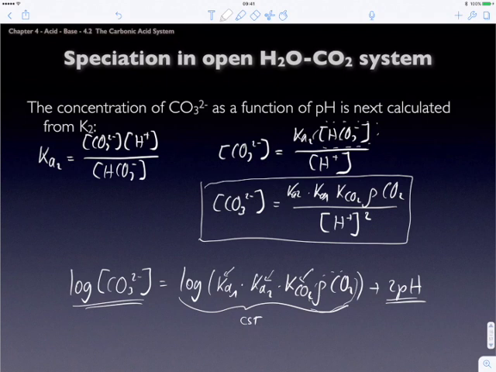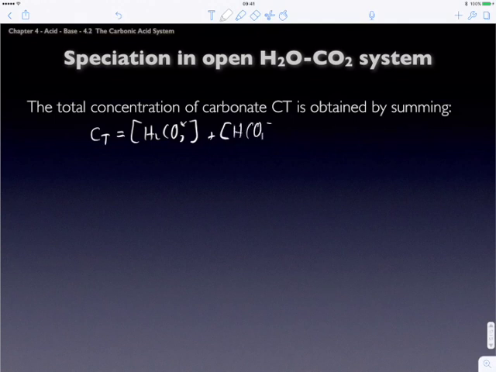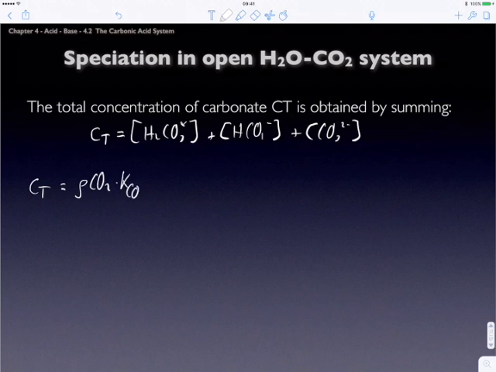So now we can actually express everything, what we call the concentration of carbonate or the DIC, CT, equal again the carbonic acid plus the bicarbonate plus the carbonate. So the CT will be equal to the PCO2 times the KCO2. This is equal to that.